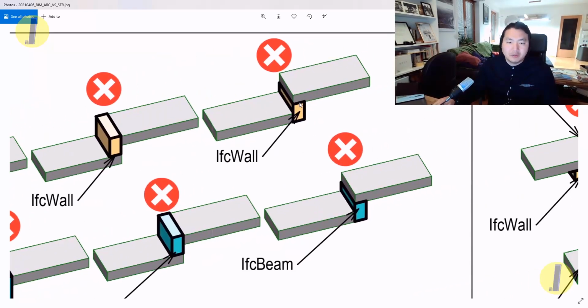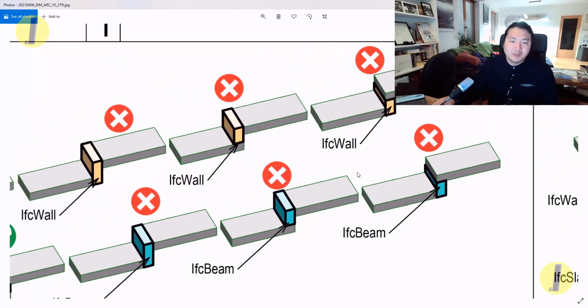Or the top of the wall is below the bottom of the slab, above the jumping slab there, and this way is also incorrect. And of course it also depends on the jumping slab, the height difference.